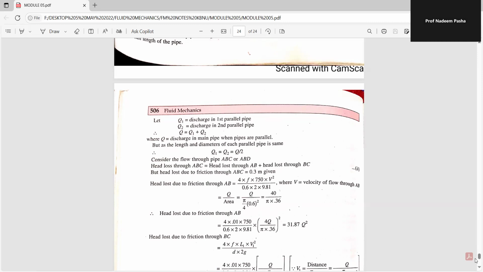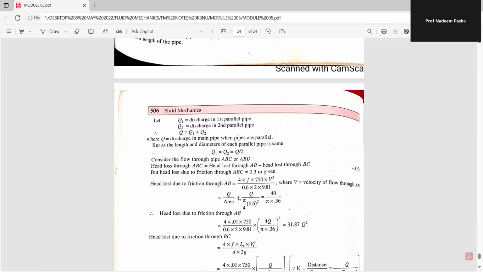Consider the flow through pipes ABC or ABD. Head loss through ABC is equal to head loss through AB plus head loss through BC. But head loss due to friction through ABC is equal to 0.3 meter, given. Therefore, head loss due to friction through AB is equal to 4FLV square divided by D into 2G, where V is the velocity of flow through AB.